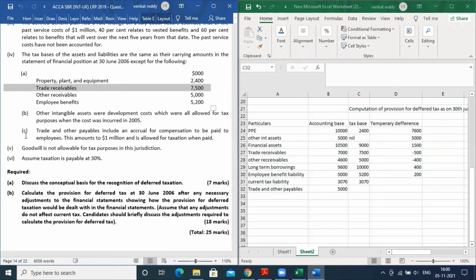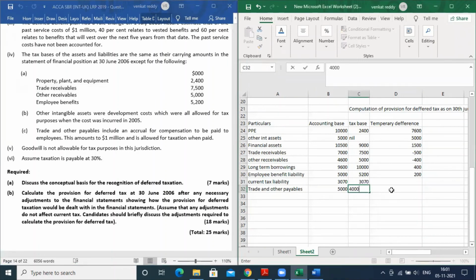So we cannot consider the total 5 million as per tax base because 1 million is outstanding. It should be recognized in tax when the company incurs it. So in that case, we need to recognize only 4,000.